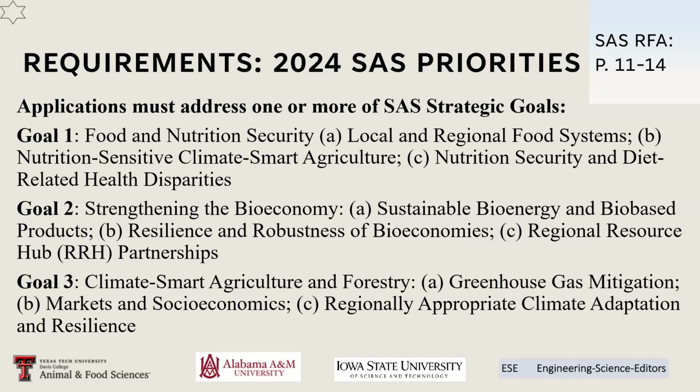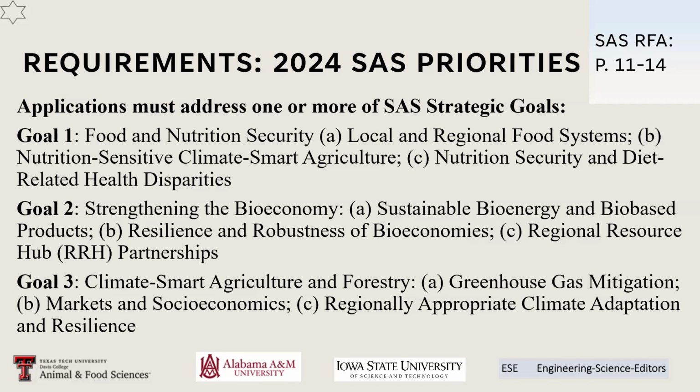Angela, you wanted to step in here. Yes. As we think about the priorities, there's always sub-priorities that are highlighted in the priorities. This is going to be critical as you are writing your first page of your narrative, because you really want to make sure that you look at these key words and make sure that there's alignment with your objectives and your outputs and outcomes from your project.